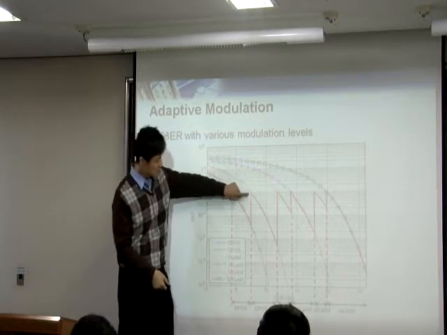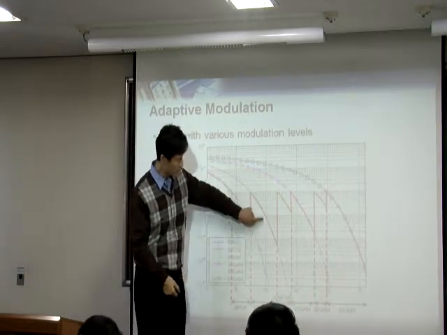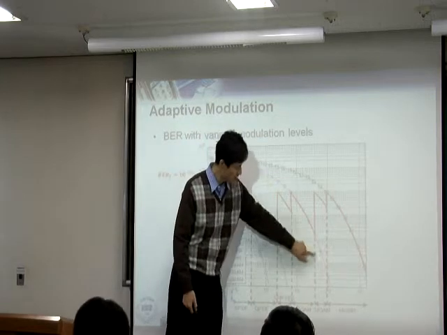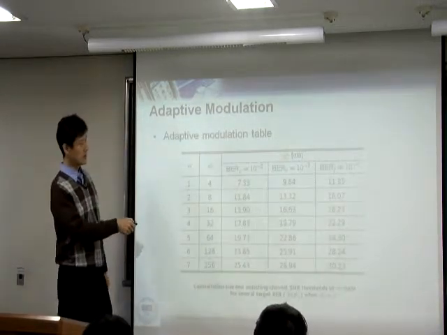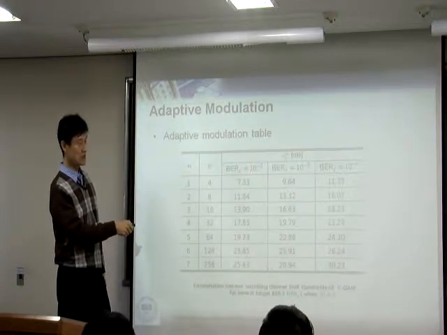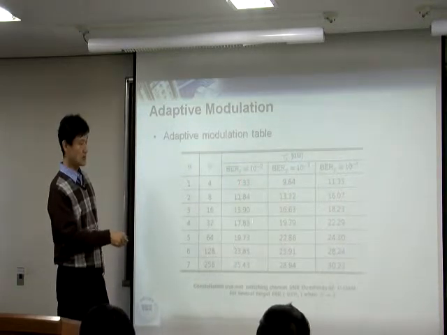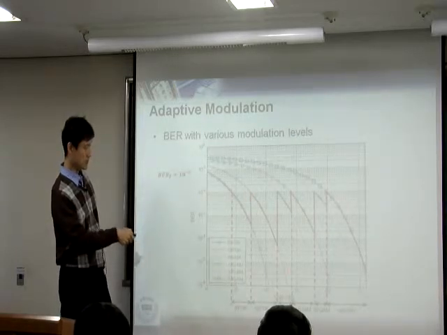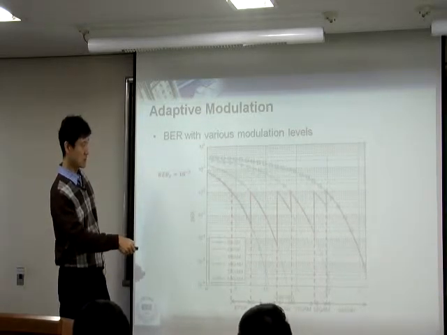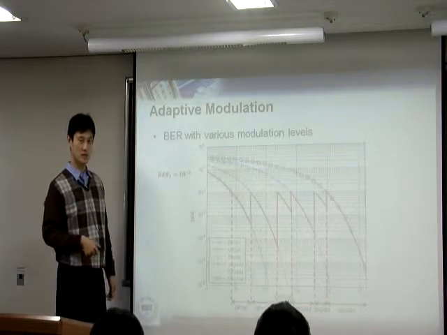Each of these values are the thresholds. So if you go back to this table and look at the 10 to the minus 2, each of these values are the threshold values you found in the table.